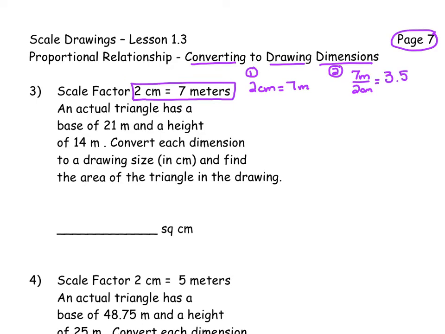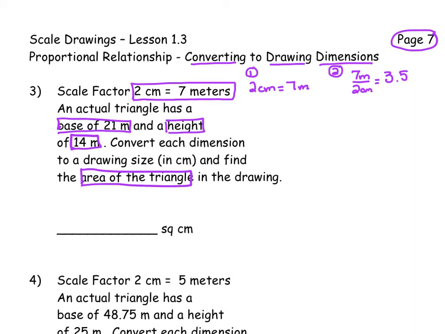Let's continue to read. The actual triangle has a base of 21 meters and a height of 14 meters. Convert each dimension to a drawing size in centimeters and find the area of the triangle in the drawing.